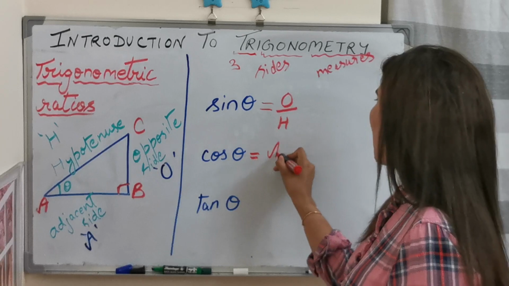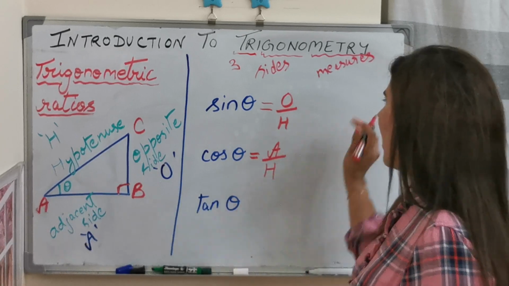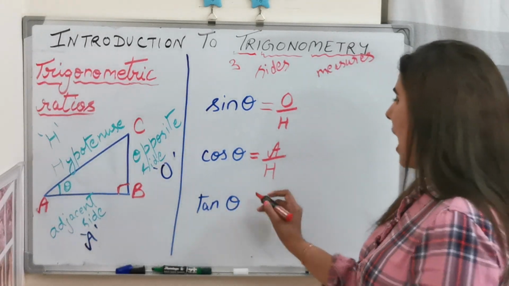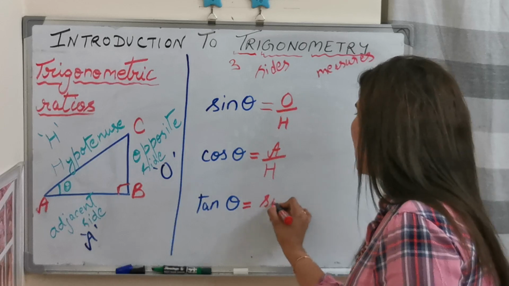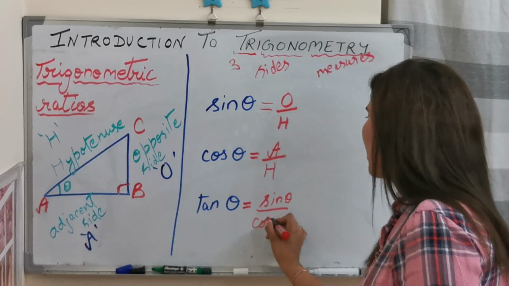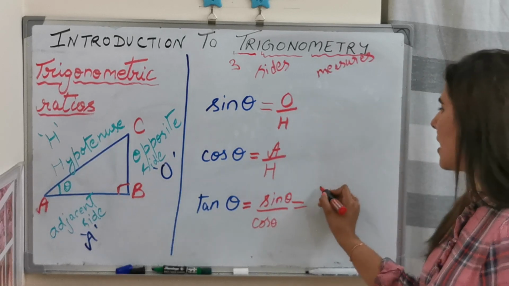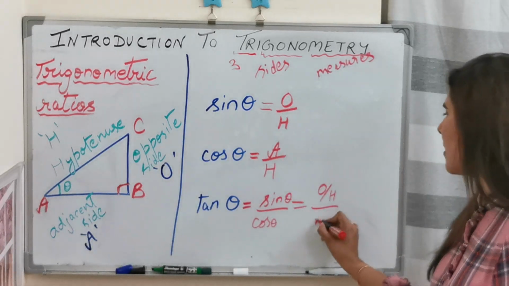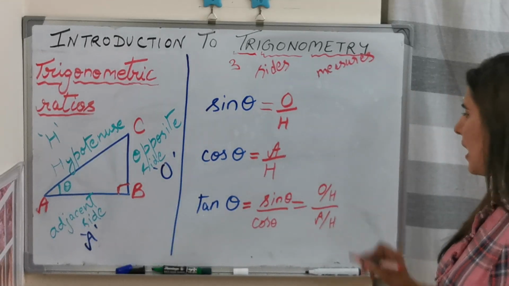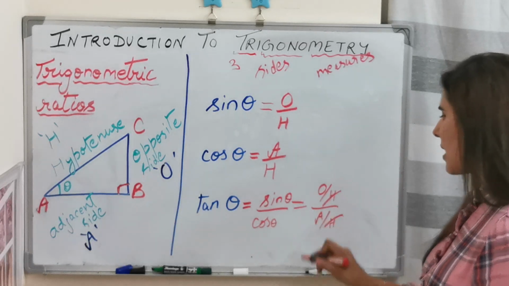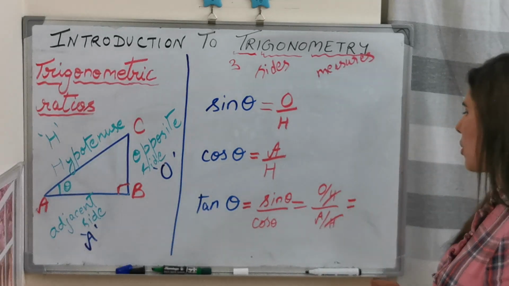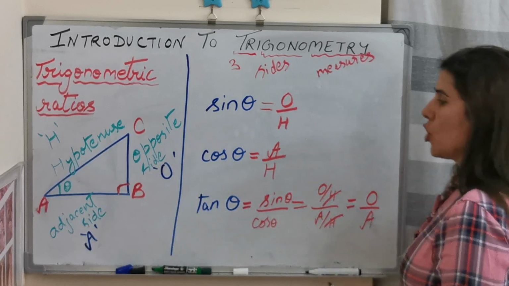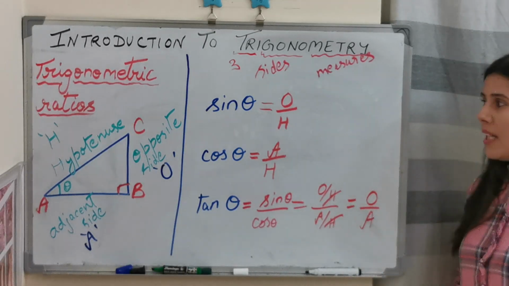So it will be represented by capital A over H. The value of tangent theta is, children, actually it is division of sine by cos, sine theta by cos theta, as sine theta is O by H over cos theta is A by H. Then when we simplify, we know that the hypotenuse will cancel with hypotenuse in the denominator here, and finally we are having O by A. So the basic value of tangent theta is O by A.